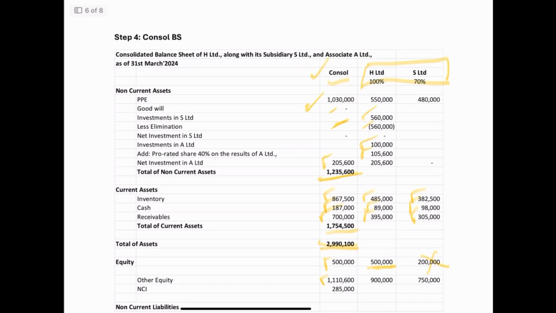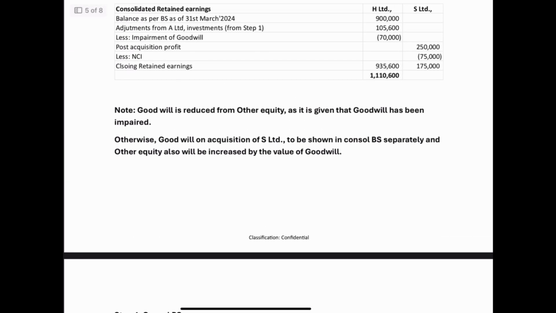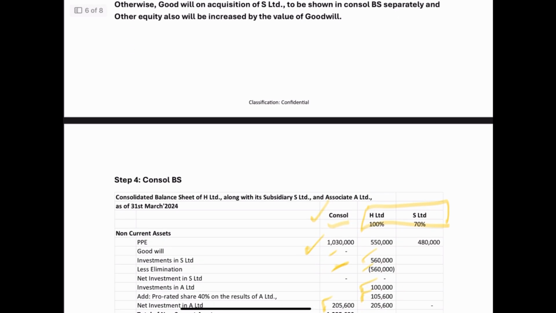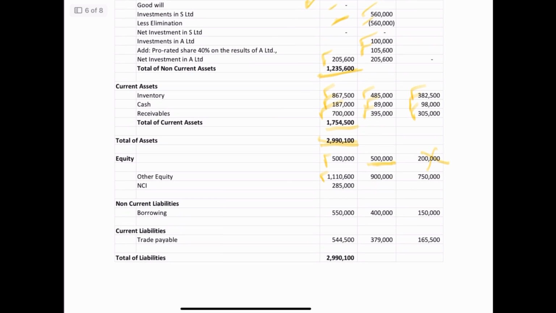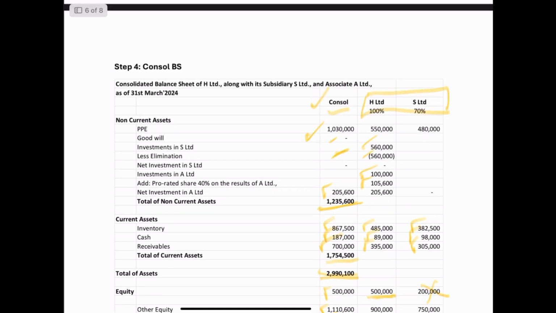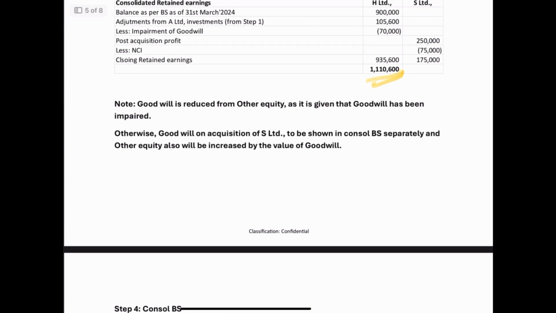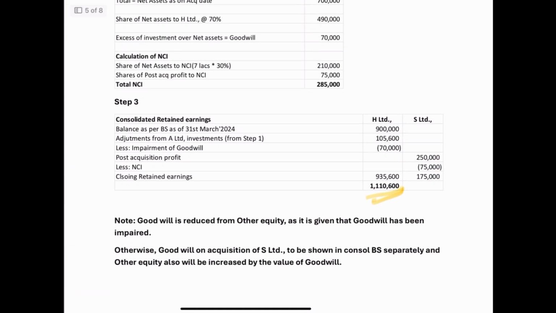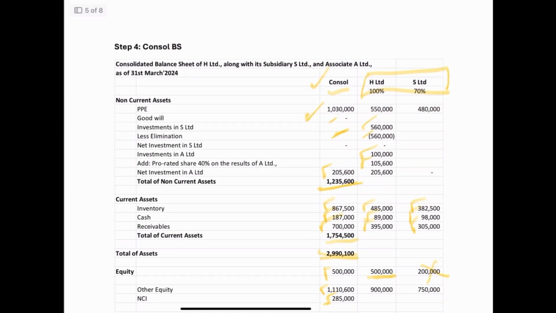So you can see the 11,10,600 from this working. Then non-controlling interest is 85,000. So this also you can refer from this working.